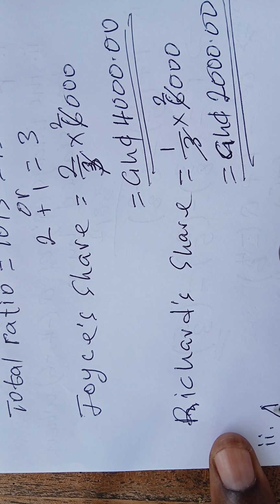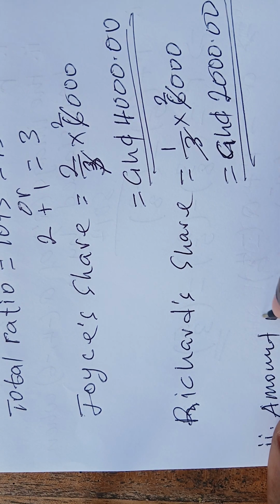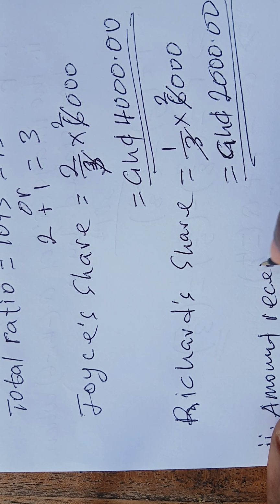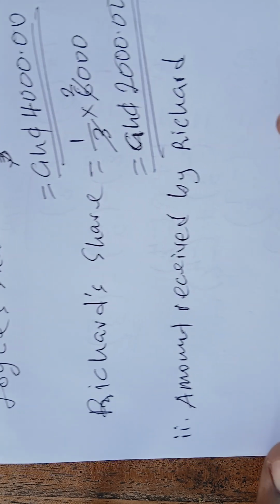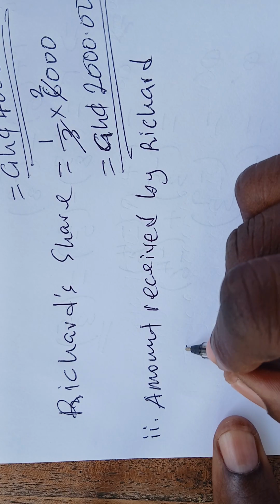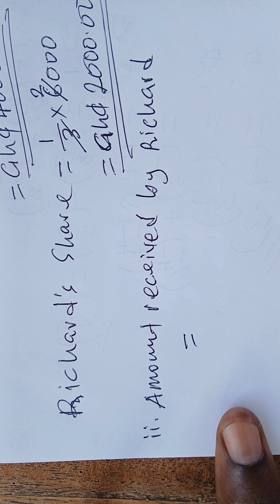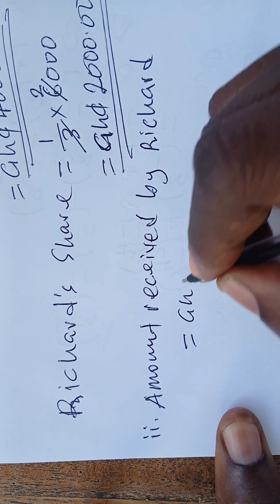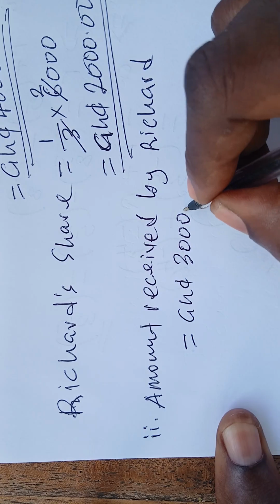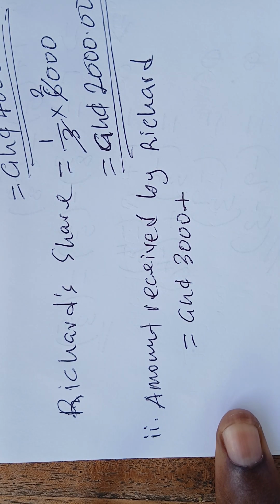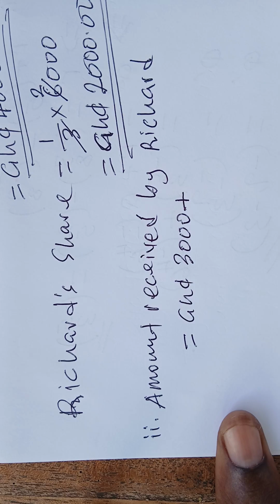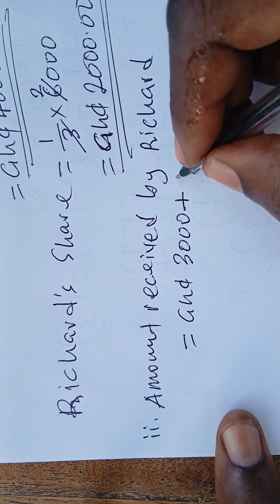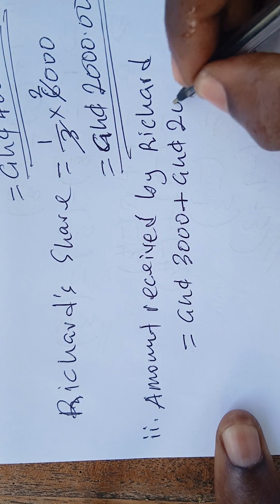So amount received by Richard is equal to the first amount he was paid, which is 3,000 Ghana cedis for being the manager, and the amount he received on his contribution, which is 2,000 Ghana cedis.